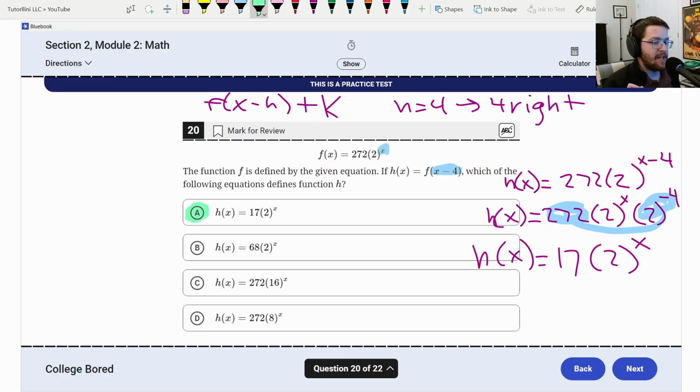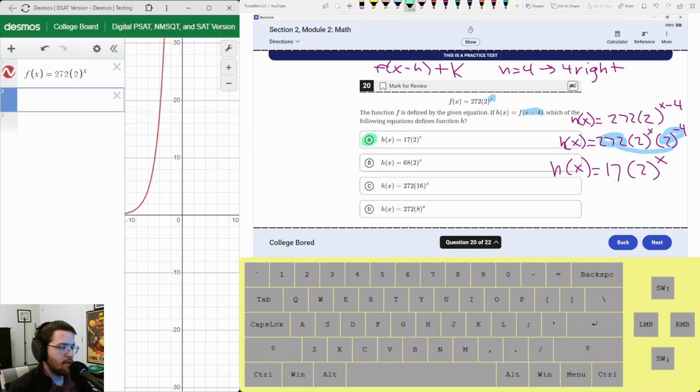We can also do this one entirely on Desmos, so let's go do that. All right, so I just typed in the function, and now I'm going to type in h of x equals f of x minus 4, exactly as it's in the question. And you'll see that it indeed did move 4 to the right.